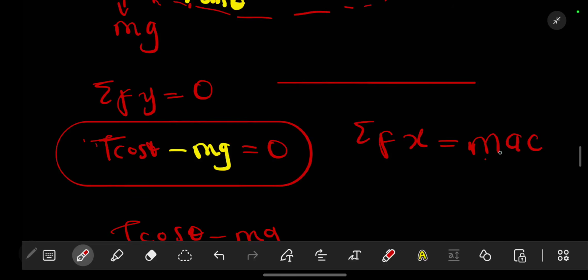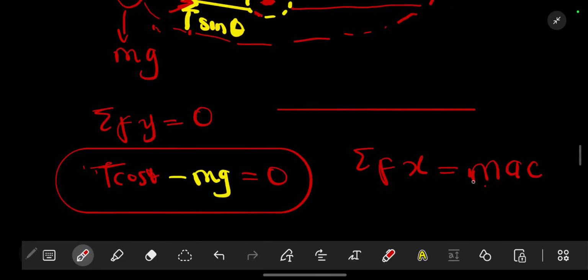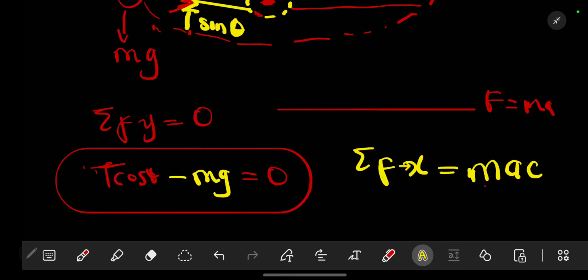So we are going to say this should be equal to our mass times our centripetal acceleration. Now, why m a_c? Because the force will be equal to force, and we know that force is equal to ma, so that's why we have ma. Now, a_c is the centripetal acceleration. So this is basically the formula. The summation of forces in the x direction is equal to that.